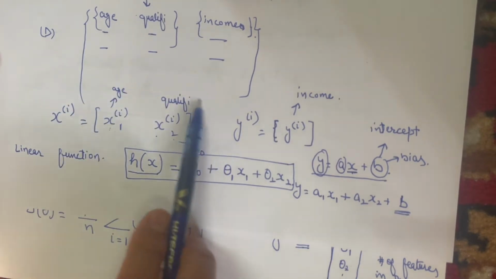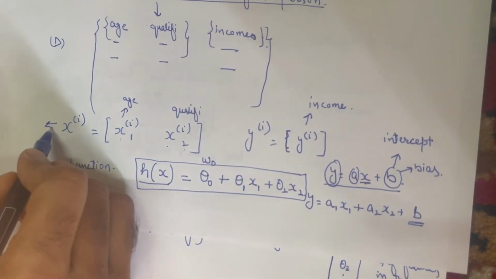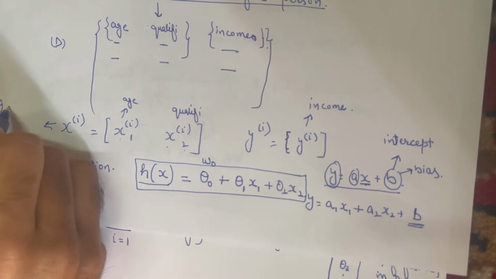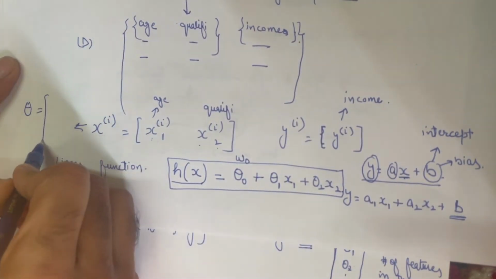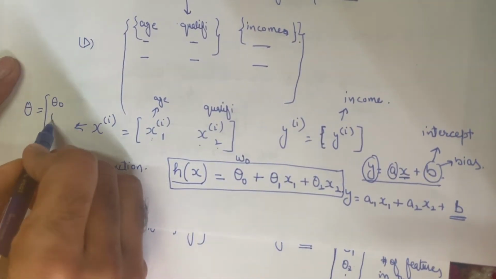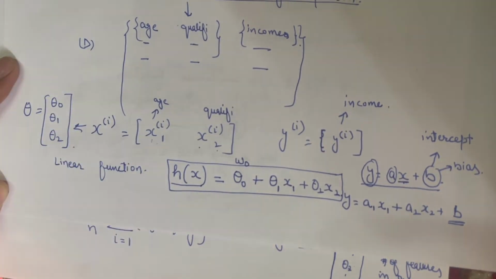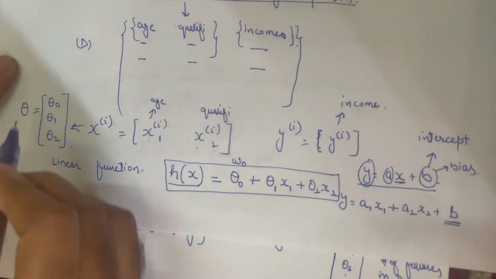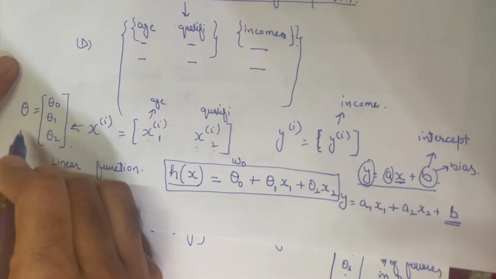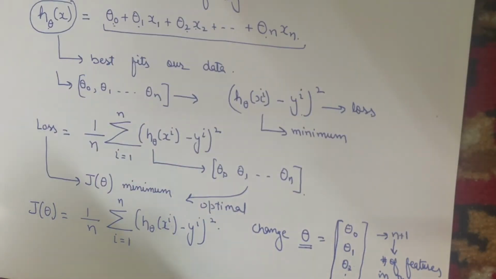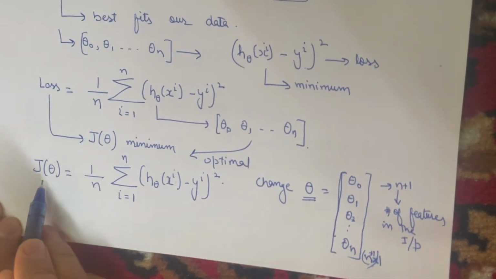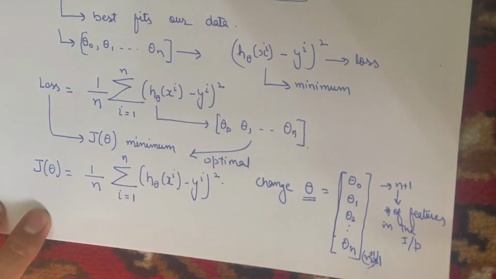In this particular data set, our theta will have only three parameters. So that will be theta is equal to theta 0, theta 1, theta 2. So this will be our theta, and our aim is to find the optimal theta, and that particular optimal theta by which this particular loss is minimum.